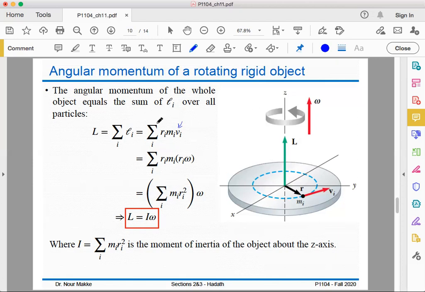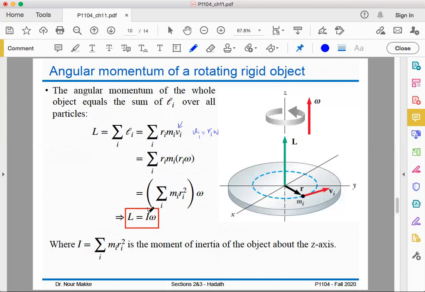And so we can write down vi as Ri multiplied by omega. If we replace Vi by its expression, Ri with Ri becomes Ri squared. So we end up with the sum over i of Mi Ri squared multiplied by omega. The summation doesn't include omega because omega is the same for all particles, so it comes out of the sum.